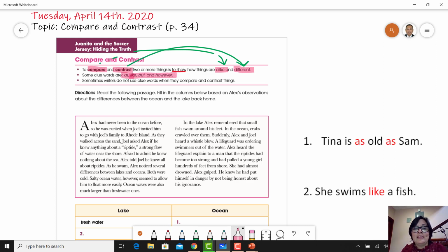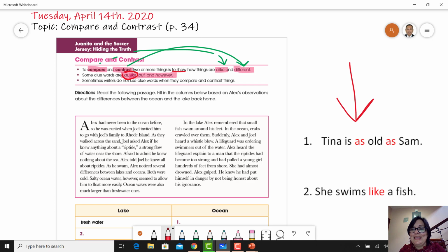That means that sometimes when you are reading a text and if you find words like as, like, but, or however, you are going to know that you found compare and contrast. And I want you to see the first two. As and like are used to compare. And I want you to see these sentences that I have here.